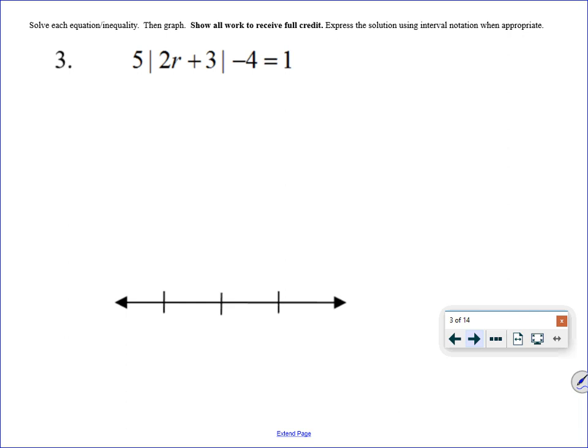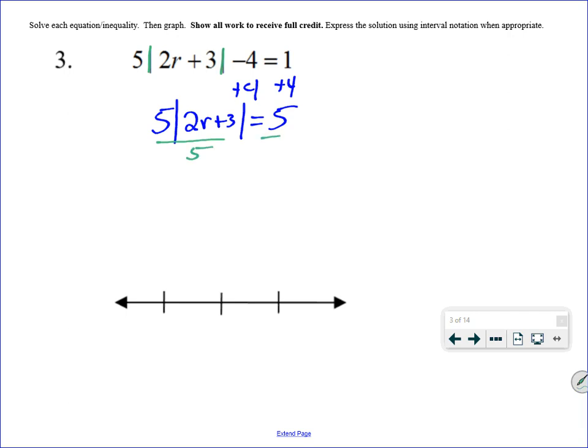All right, so this one is an equation. So first things up, once again, we need to isolate the absolute value first. So first thing I'm going to do is add 4 to both sides. And I'll get 5 times the absolute value of 2r plus 3 equals 5. Then I'm going to divide both sides by 5. And so then I get the absolute value of 2r plus 3 equals 1.